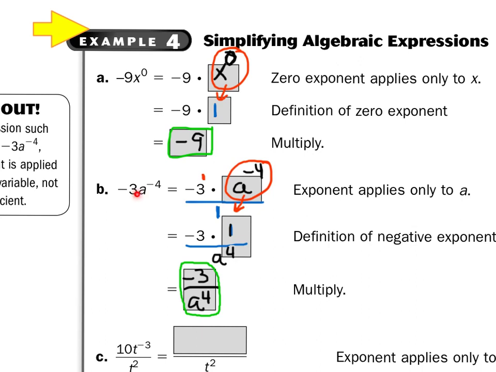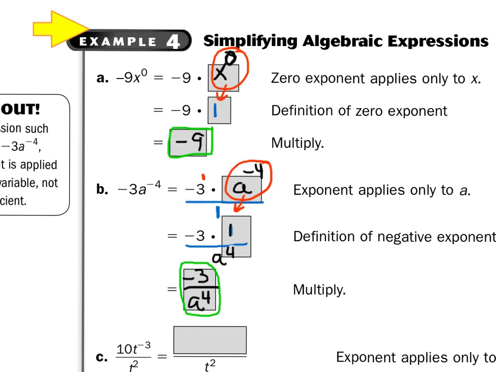Okay, here, look at B. Negative 3 times a to the negative 4th power. I highly recommend that you separate them. Put negative 3 times a to the negative 4th power. Now remember, you know that invisible 1 we've talked about? Well, there's an invisible 1 right here. So the negative 3 has a little bitty baby that's a positive 1. So this negative 3 parent and their little baby, they don't want to move. They're happy outside of the pool.